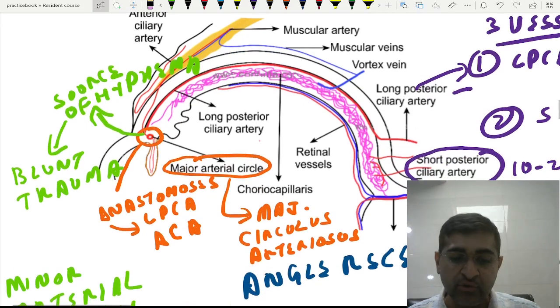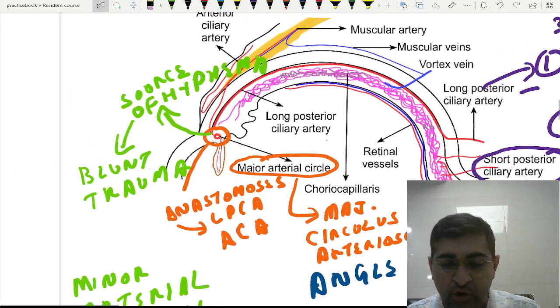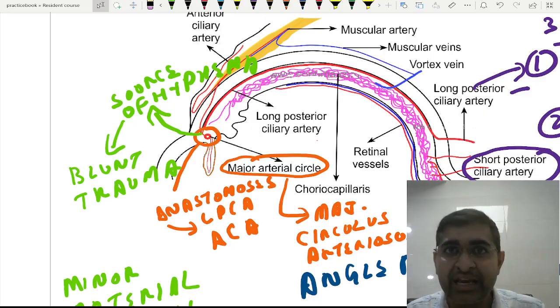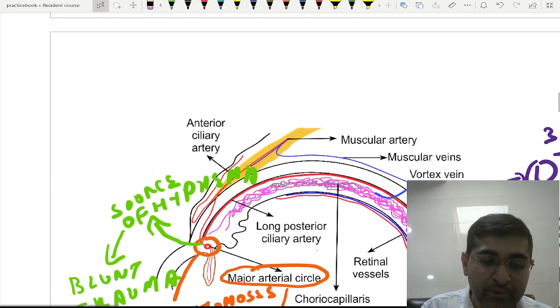Another important thing I want to tell you: source of hyphema is one. Sometimes when SICS surgery is being performed, you need to make a scleral tunnel, and there is suprachoroidal hemorrhage. What is the source of blood in suprachoroidal hemorrhage?